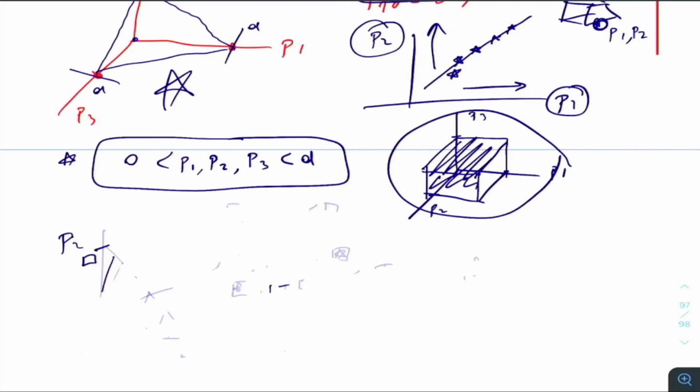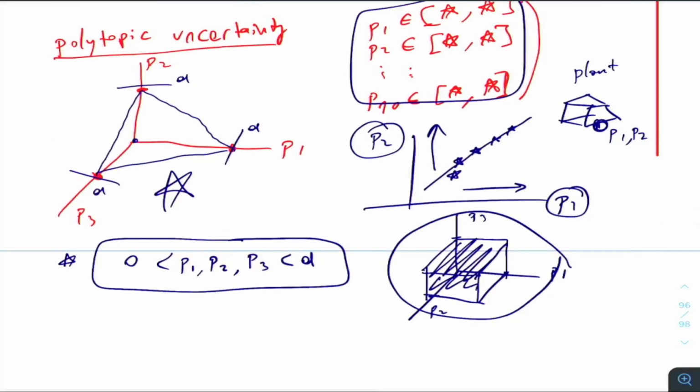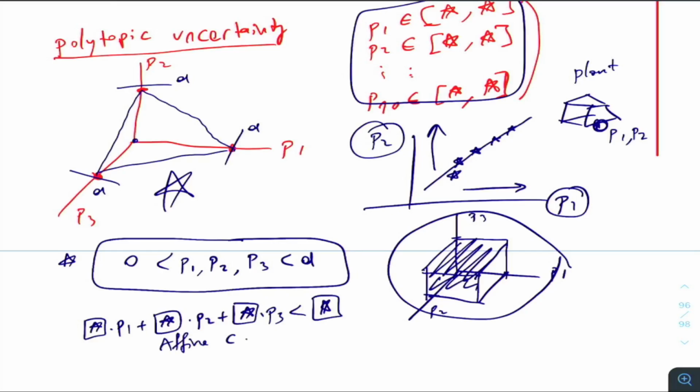Also let's focus on our original problem. We are interested in this mathematical object, and in that case you will have some constant times p1 plus some constant times p2 plus some constant times p3 less than again some constant. Again, affine constraint, right?